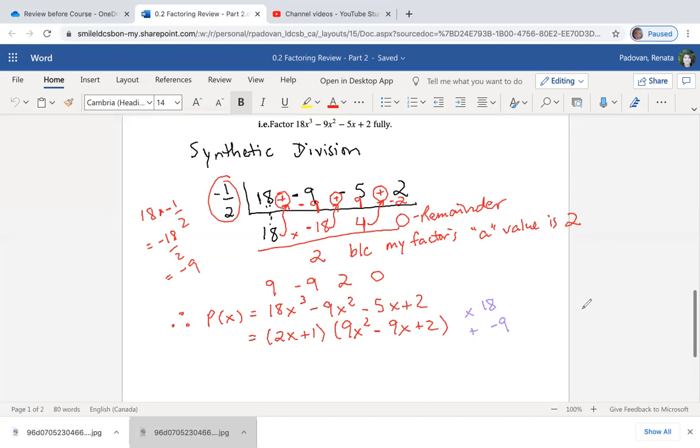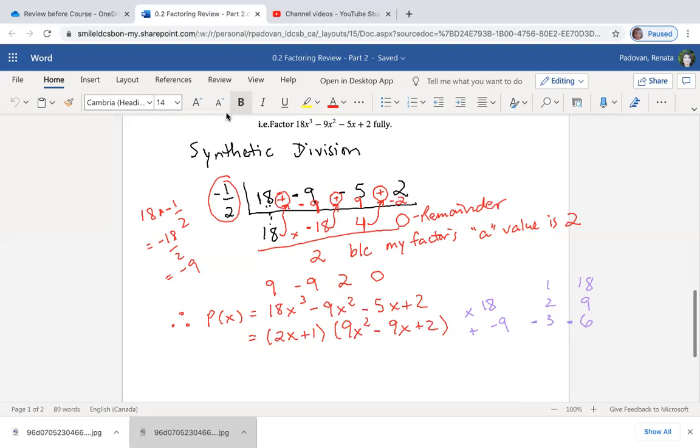The easiest way is to start listing everything that multiplies to 18. 1 times 18, 2 times 9, 3 times 6. To get a positive 18 but a negative sum, they both have to be negative. So is negative 1 and negative 18 going to add to give me negative 9? Negative 3 and negative 6 do, just to double check. Negative 3 times negative 6 is positive 18, and negative 3 minus 6 is negative 9.